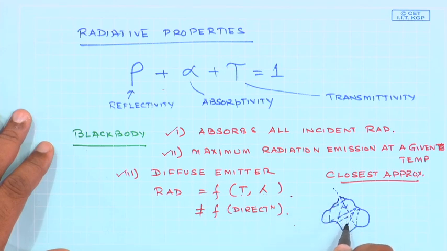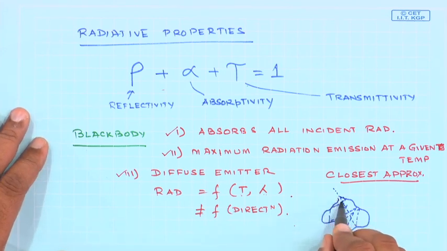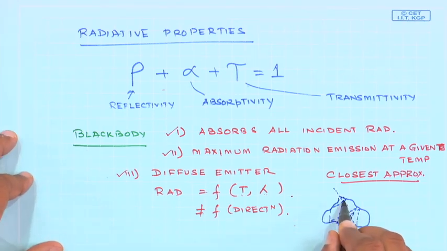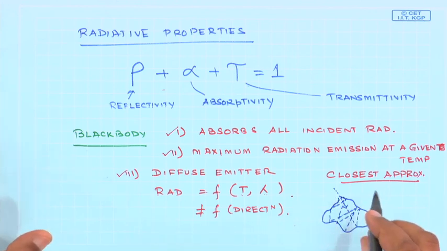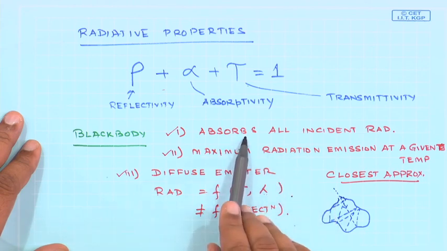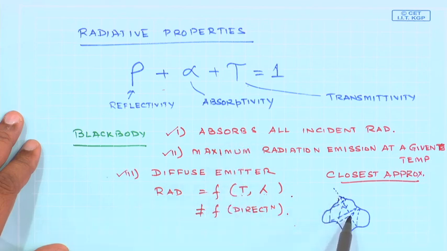So, any energy which comes inside is going to be absorbed multiple times inside the system, and the fraction of energy which may go out is going to be extremely small. So, it conforms to the first approximation of a black body. That means anything which is incident on it is going to be absorbed.